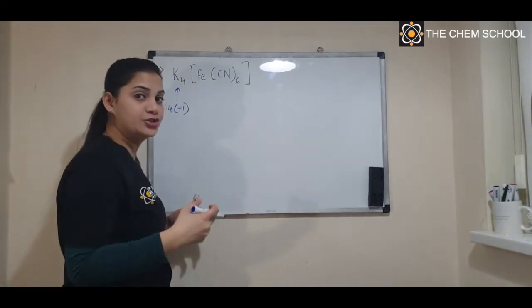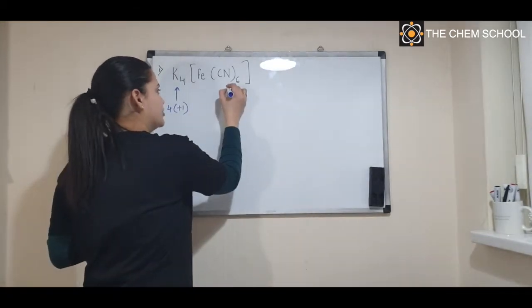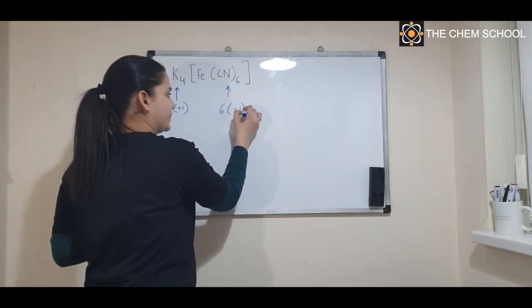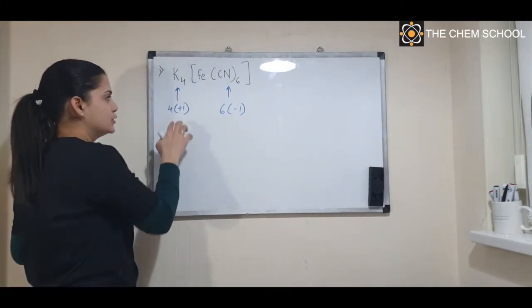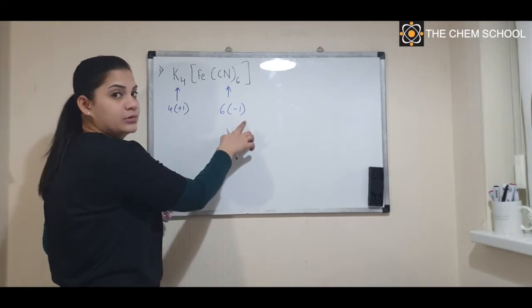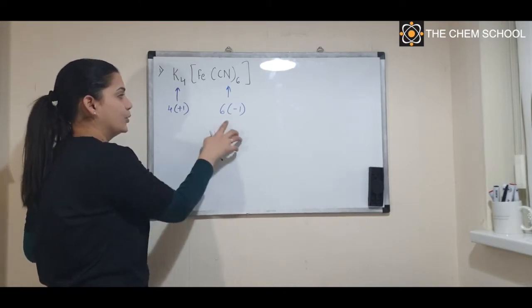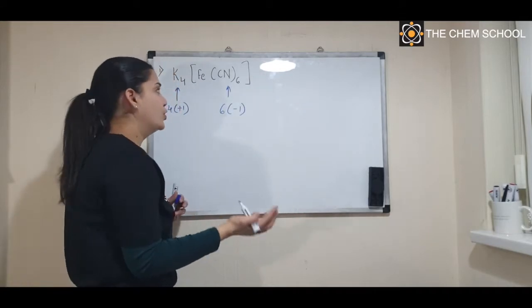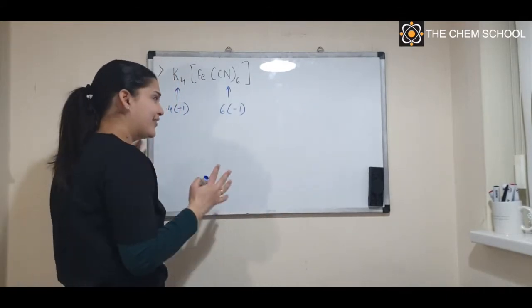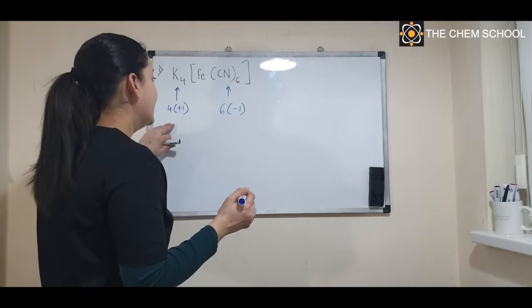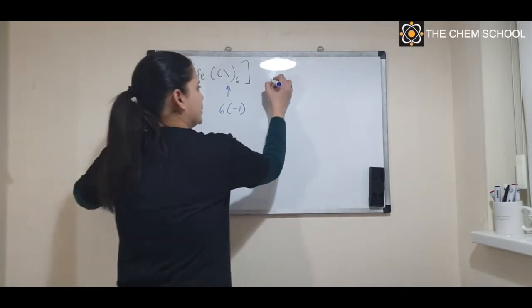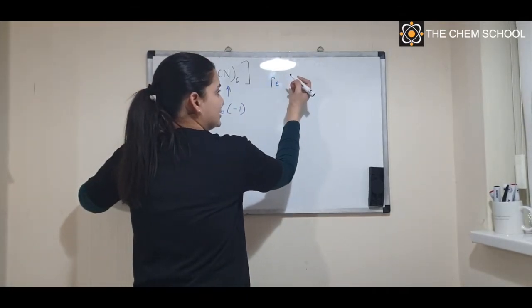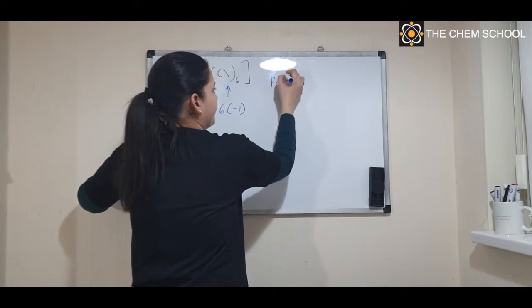CN minus is your anionic ligand, so you will have a charge of 6 into minus 1, right? Now if you just subtract them, what you will get is minus 2, and if it goes to the other side of the equal sign, you will get plus 2, okay? And we have seen how to calculate that, right? If you want, I can show it once.